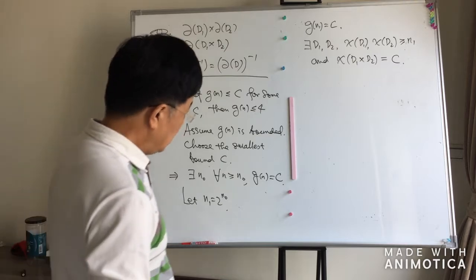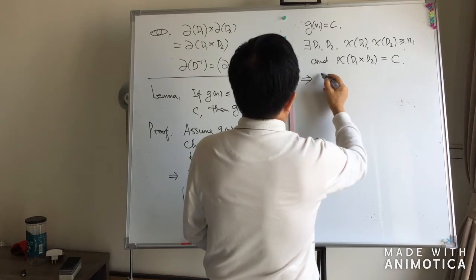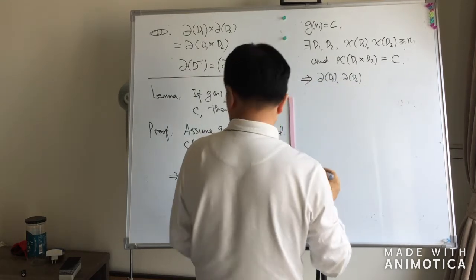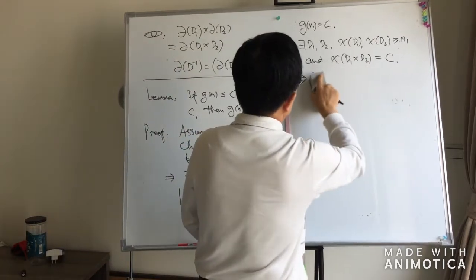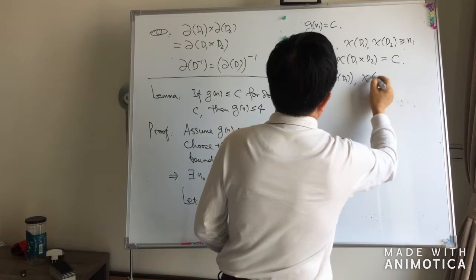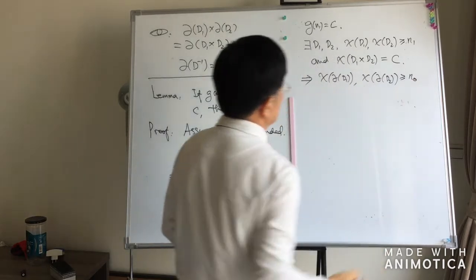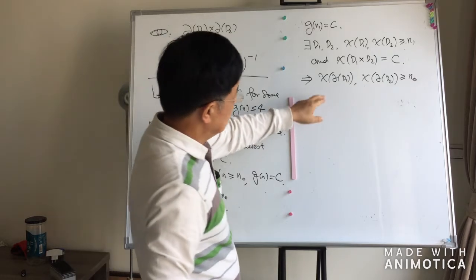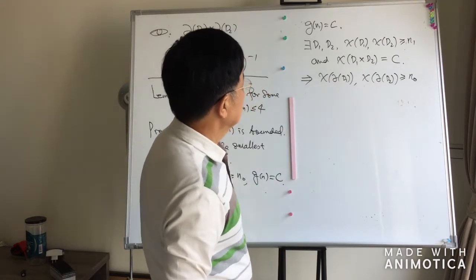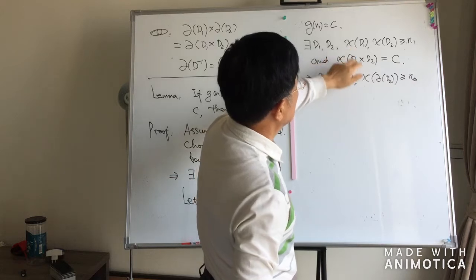Now we look at the line graphs of D1 and D2. This implies that the Cramér number of the line graph of D1 and of the line graph of D2 are greater or equal to n0, because, by the lemma we proved before, if this were less than n0, then the original would be less than 2 to the n0, which is less than n1.